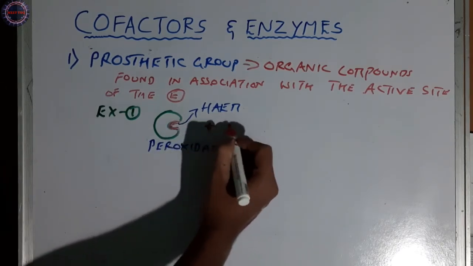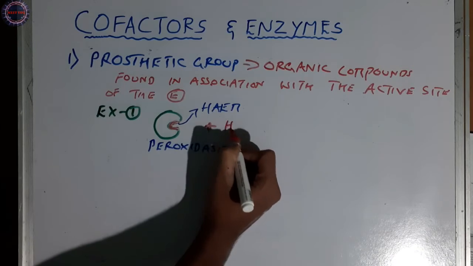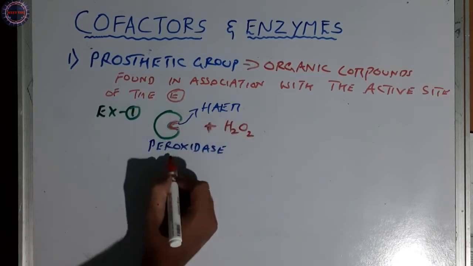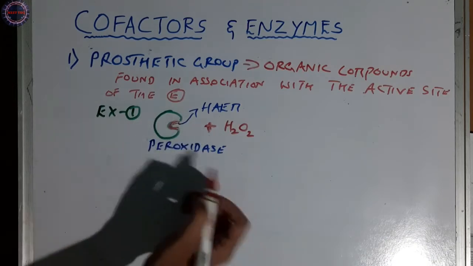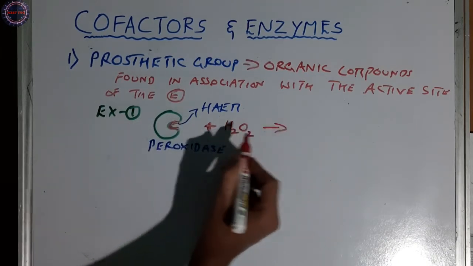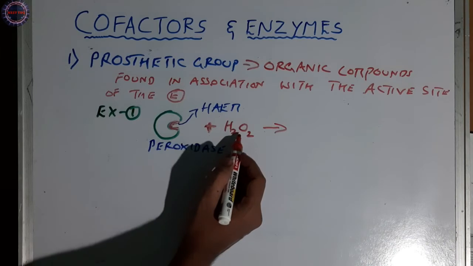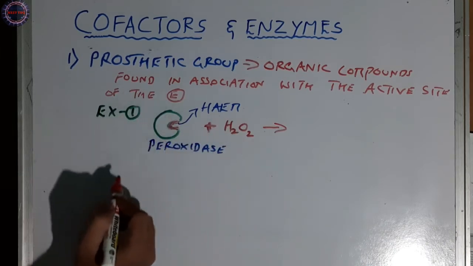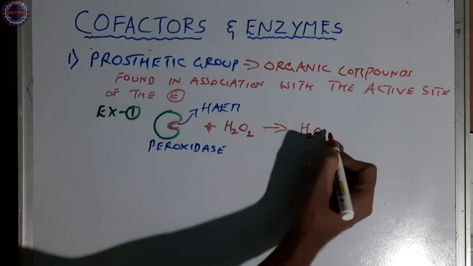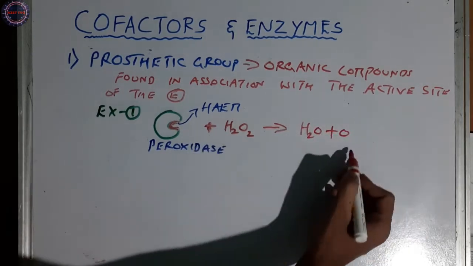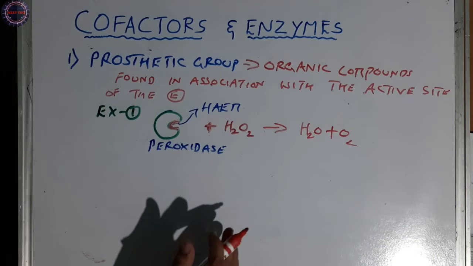So let us bring the substrate for the peroxidase enzyme, which is hydrogen peroxide. So we have H2O2 here. Ultimately this hydrogen peroxide will bind to this holoenzyme, the peroxidase enzyme, and it's going to produce H2O plus O2. Got it? So this is what actually happens.